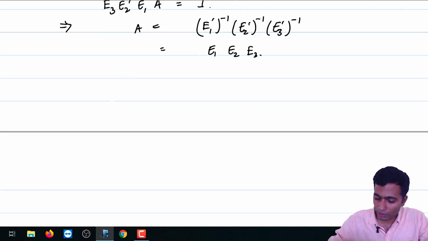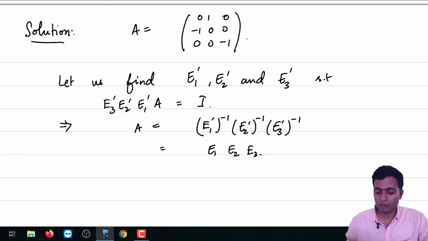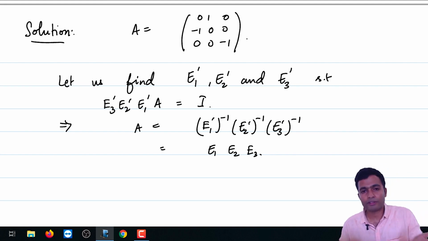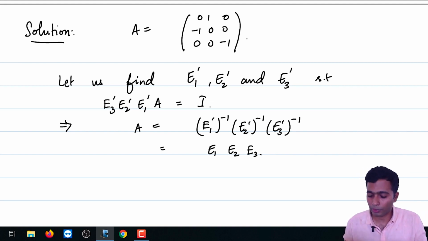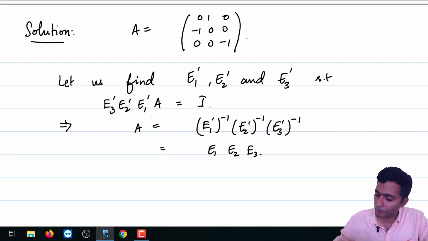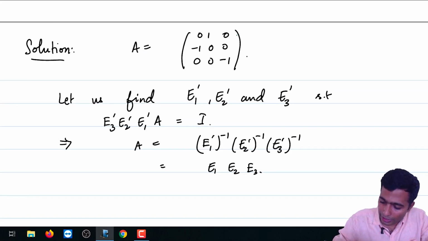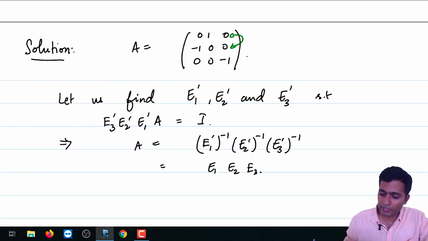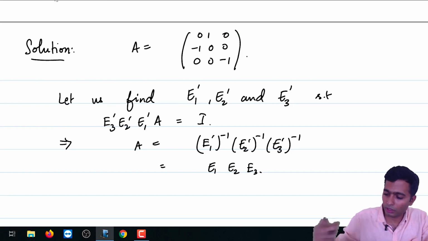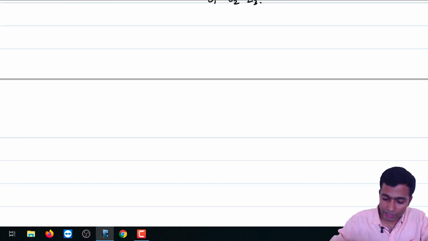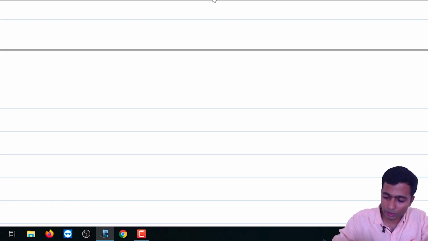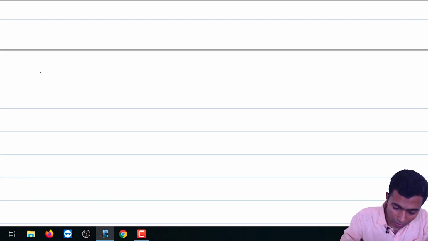So our immediate goal is to find E1 prime, E2 prime and E3 prime such that after the relevant row operations we get back the identity. The first one I would say is to exchange the first row and the second row. And what was the elementary matrix needed to exchange the first and the second row?